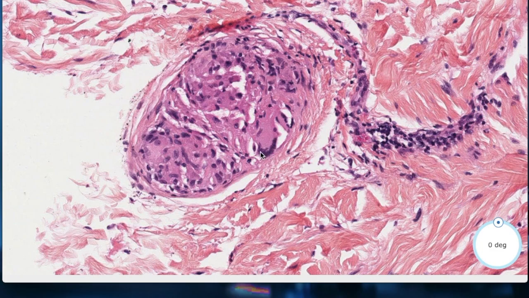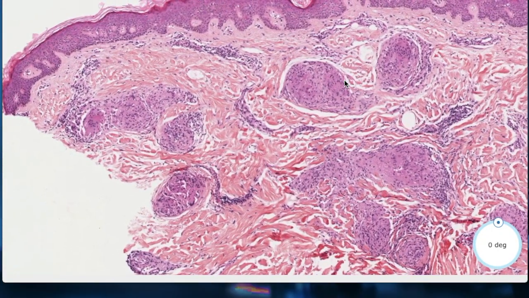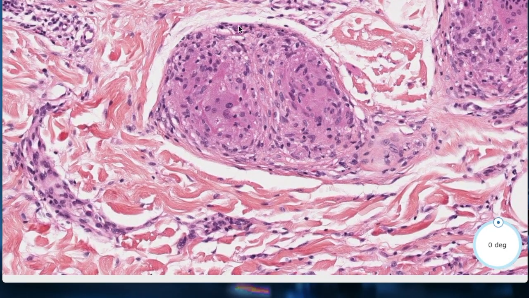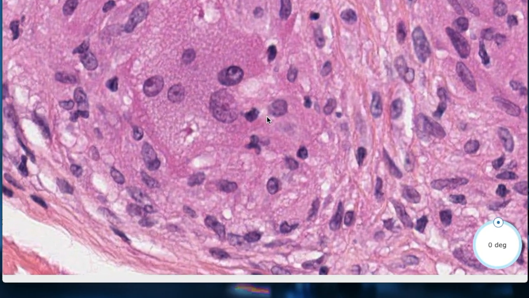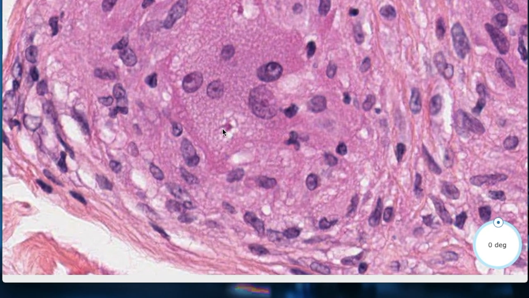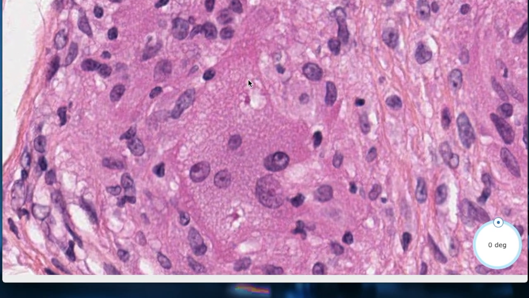We have here giant cell, multinucleated giant cells, and we have histiocytes. Trying to look for more examples, more of these naked granuloma. And if you look on high power, you can see asteroid bodies. So this is a nice example more here, asteroid bodies.